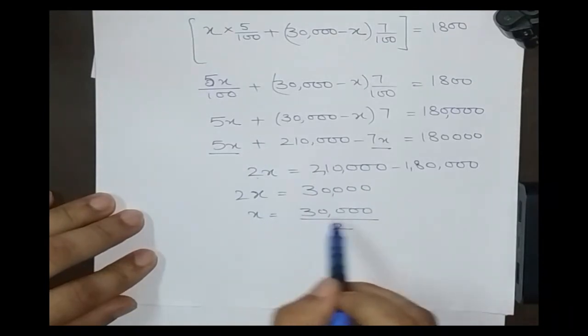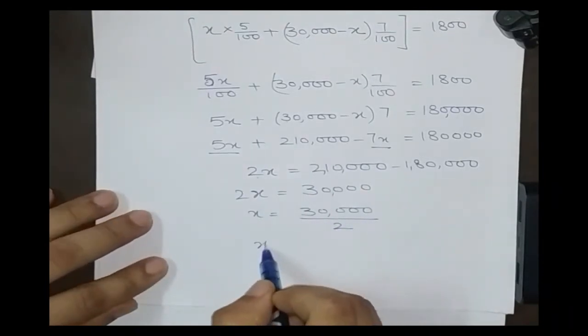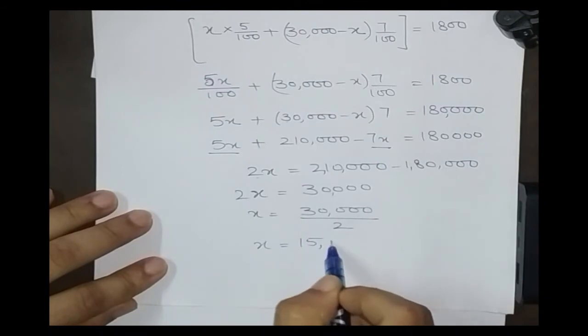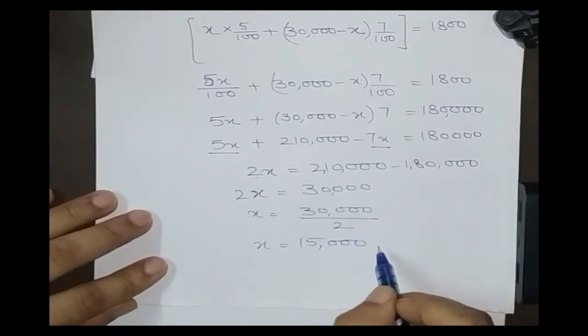Then x is equal to 30,000 by 2, and we get the value of x as 15,000 rupees.